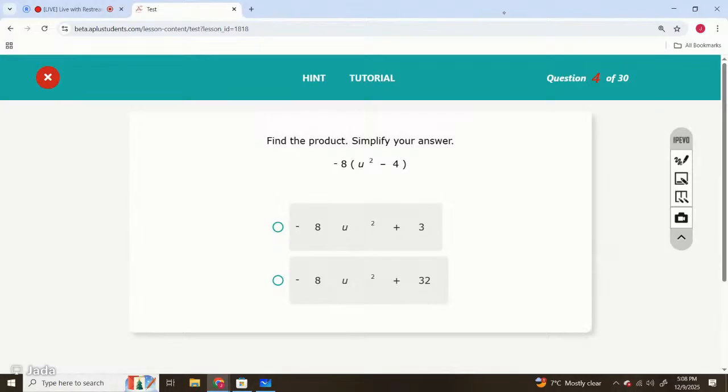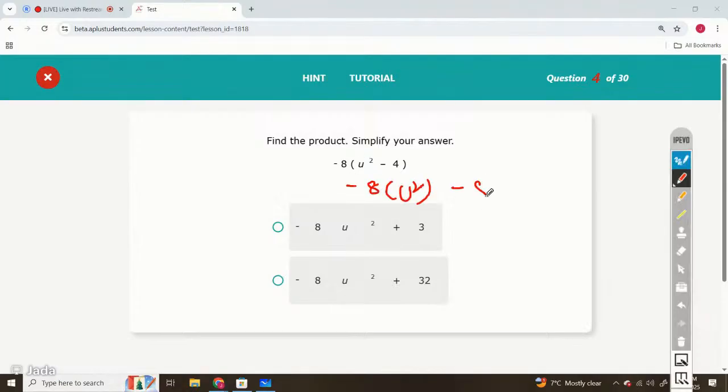Negative 8 times u square minus 4. So we have to do negative 8 times u square and negative 8 times negative 4. Negative 8 times u square is negative 8u square.